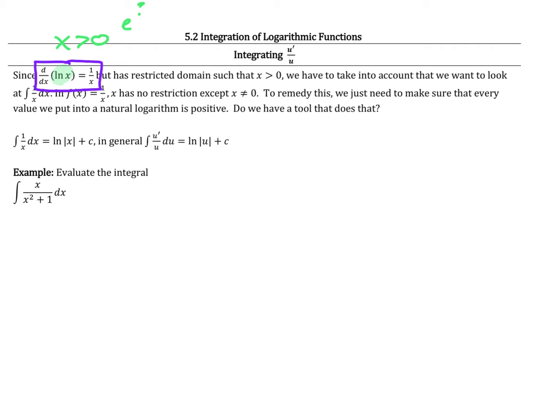And because of that, we also need to think about the derivative having a different domain restriction. In 1 over x, we're allowed to have negative values, but we aren't allowed to have x be equal to 0.